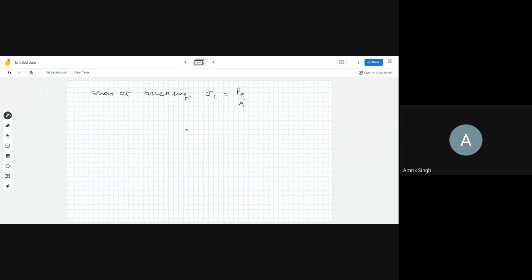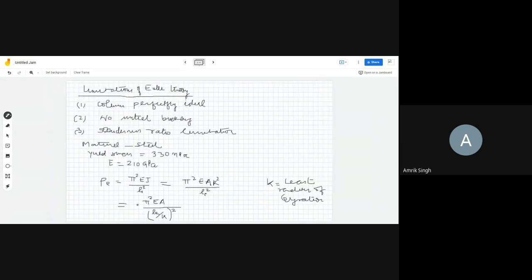Okay. So with this formula, you can bring this PE upon A is equal to pi square E upon (LE upon K) whole square.